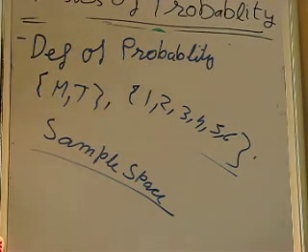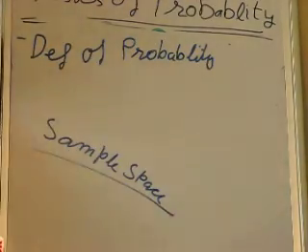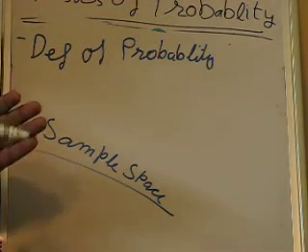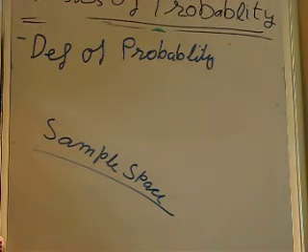But in random experiments where you have involvement of time, or where you don't have a discrete sample space, that is, you cannot count the possible outcomes, and you just make a general statement that the outcome may lie within a range of some numbers, then you say that the sample space is continuous because you are not able to count the outcomes. This is called a continuous sample space, and this generally happens when you have involvement of time in performing an experiment.